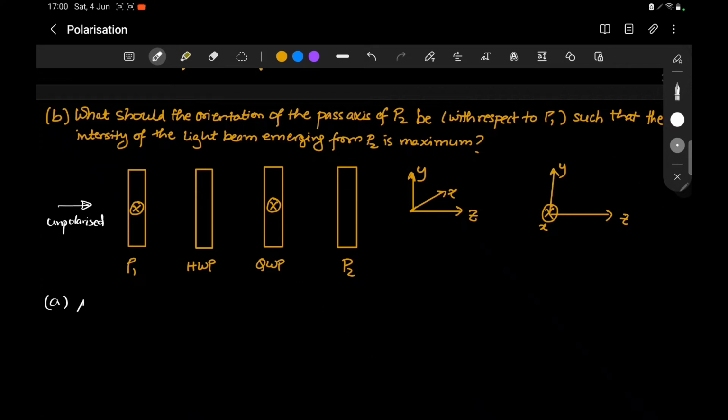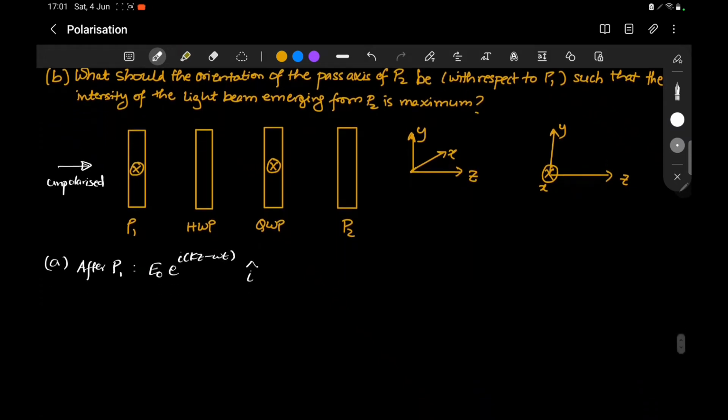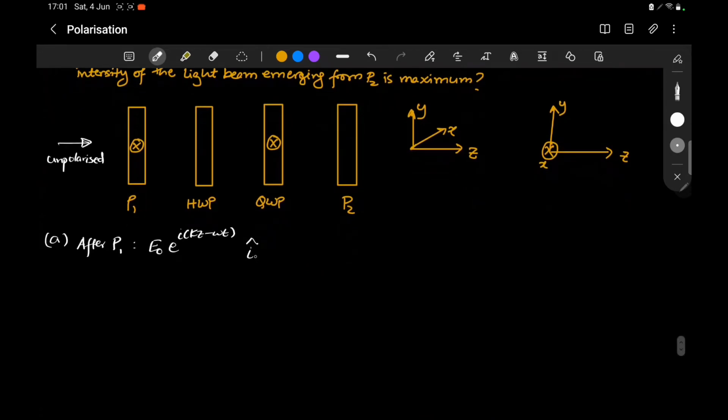So after the polarizer, the electric field would be, let us say, amplitude E0, and it will be, this is the transmission term, and the polarization would be along the transmission axis of P1, which we have taken in our case to be X axis. Now let us decompose this along the fast and slow axis of the half wave plate.